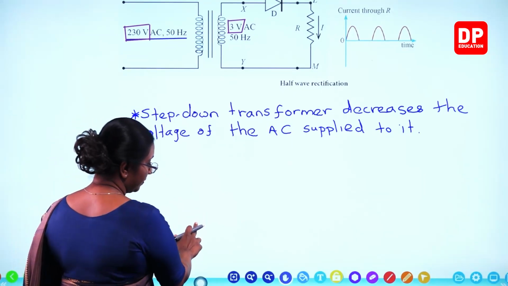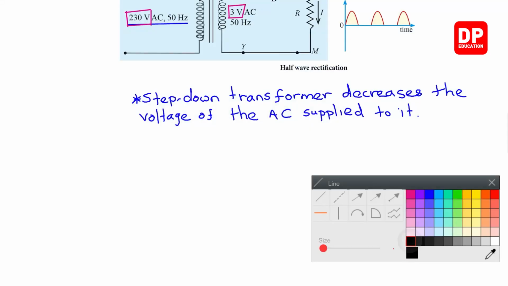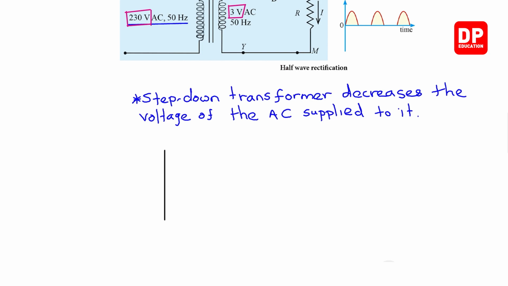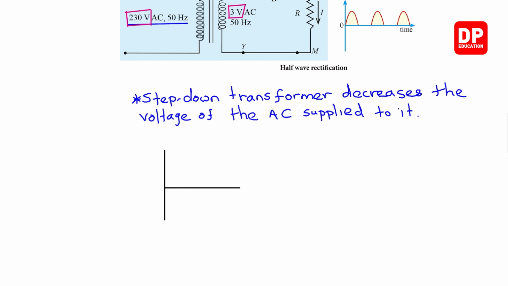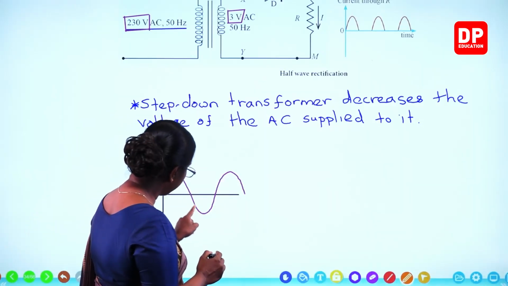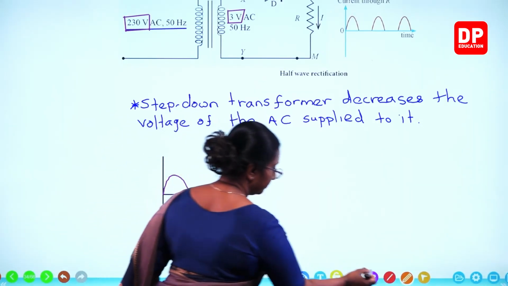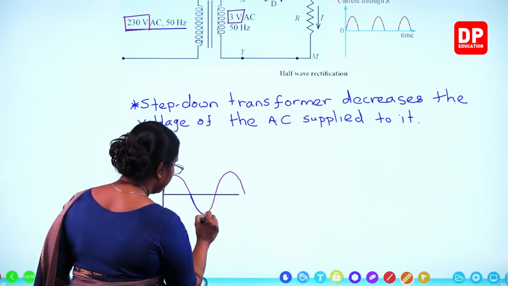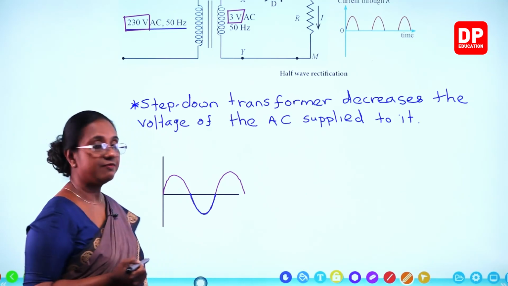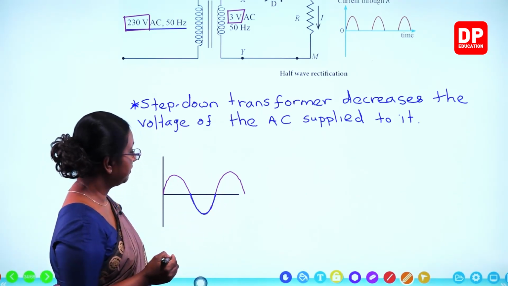So, here you will see, students, here you can remember the graph for the alternating current. So, it was something like this. What I will do is, I will change the color of this. I will make it blue color just for us to understand what happens during rectification.